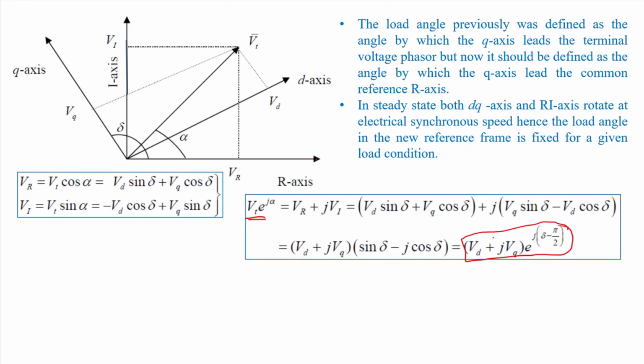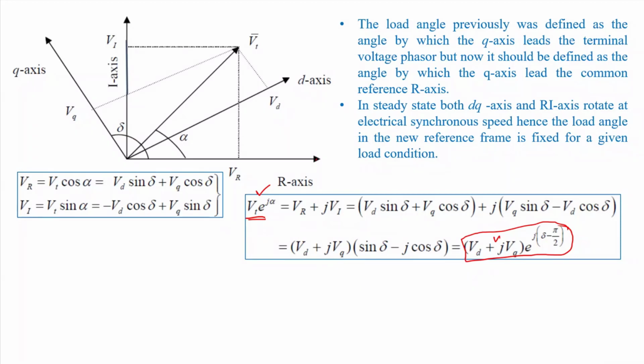When we do analysis in the machine reference frame, VD plus jVQ is fine. But when we do the analysis in the network reference frame, then we need to multiply this dq axis quantity by e to the power j of delta minus pi by 2, right?